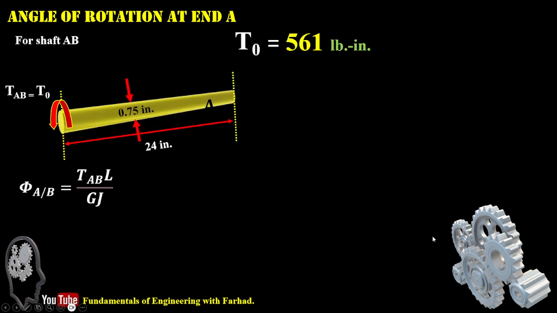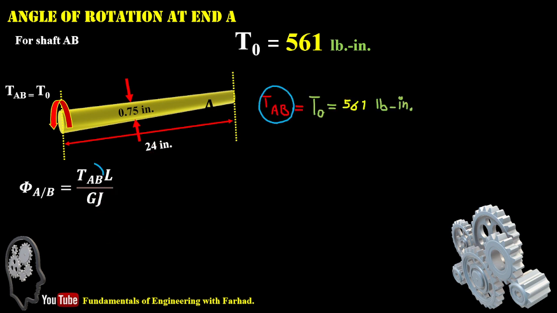And now we have the T naught provided. We do know what T naught is. That's 561 pound inches. Let's move on to calculate the angle of rotation at end A. First of all, phi AB in rod AB is TAB times the length of the shaft over GJ.